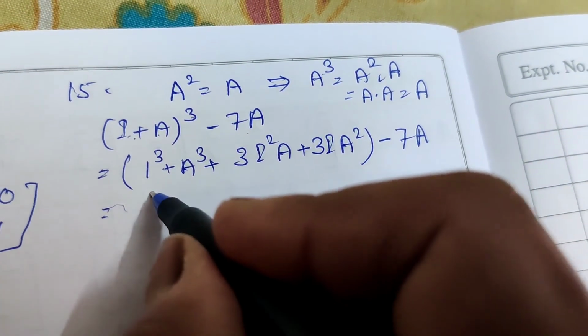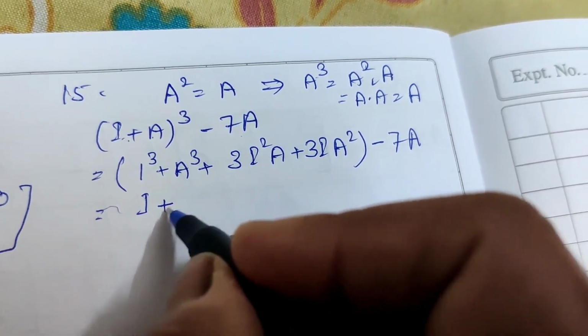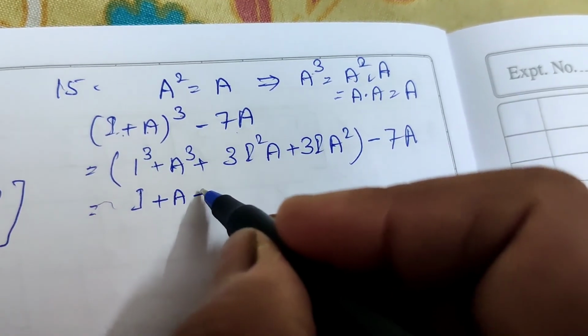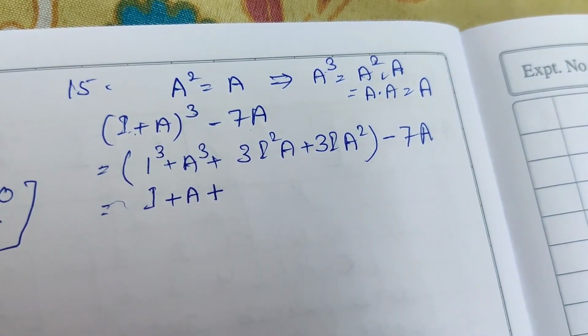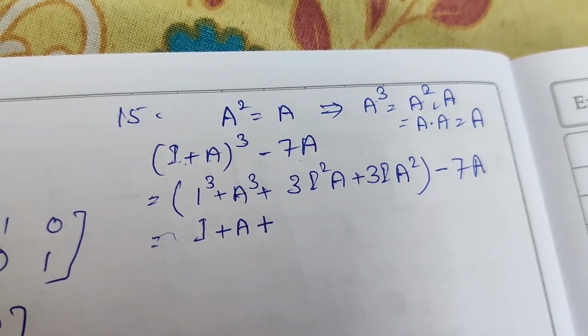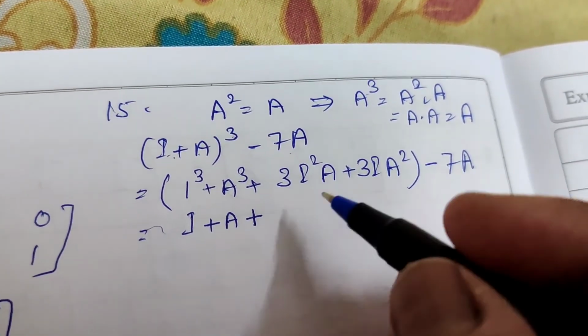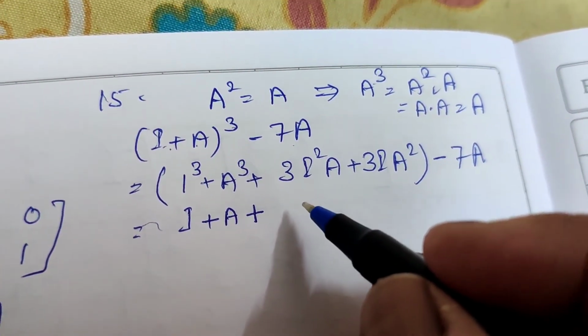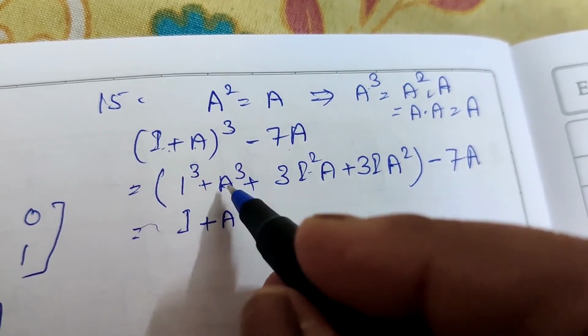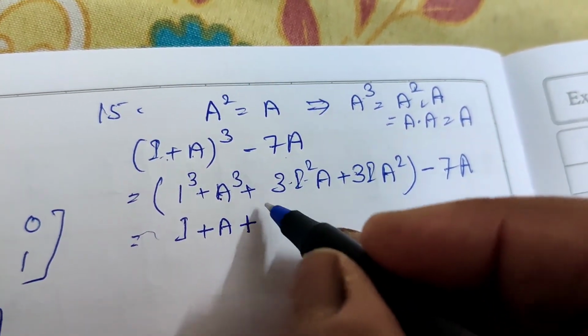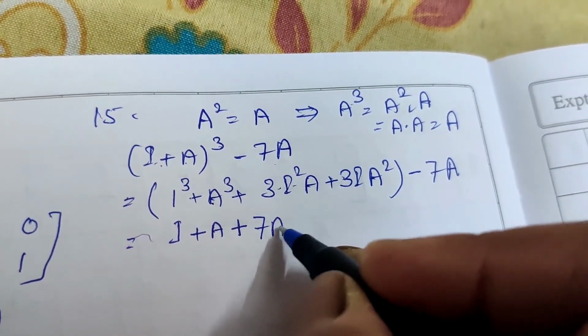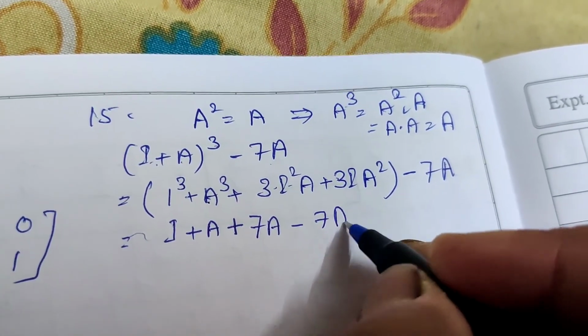And this is I plus A plus 3A plus 3I, it is 7I minus 7A.